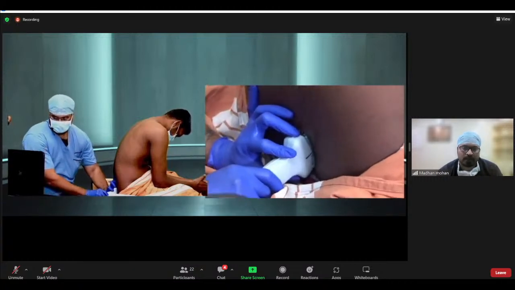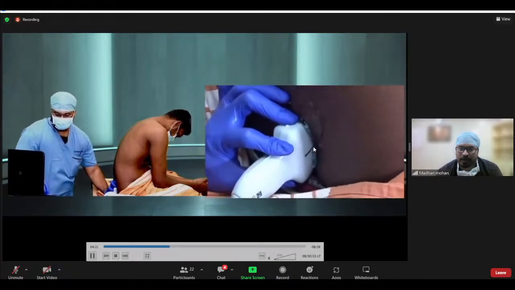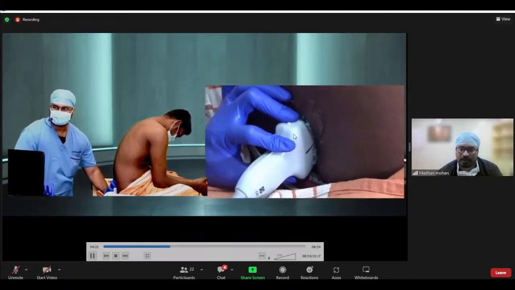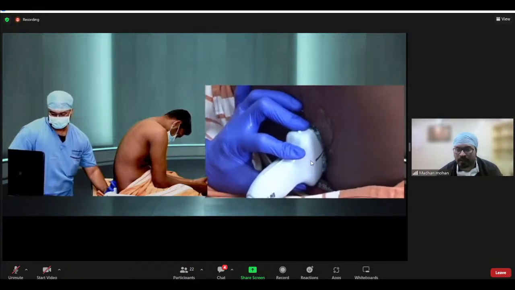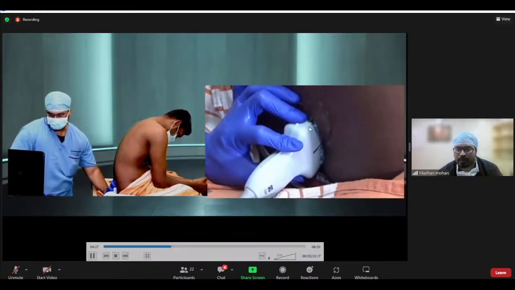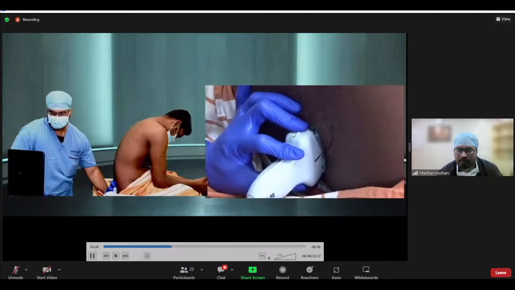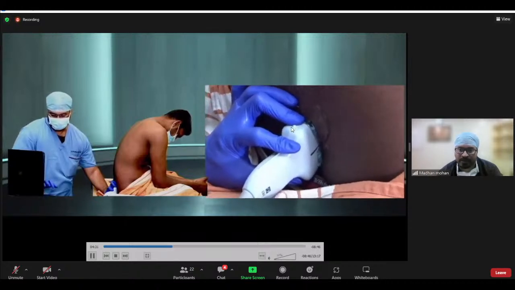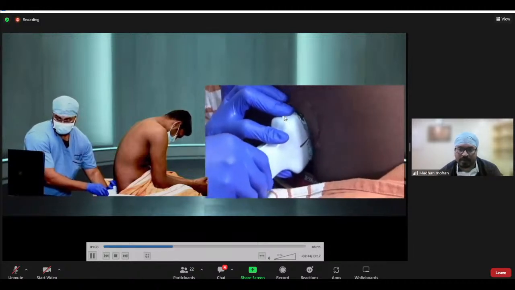Make use of the curvilinear probe, start from the gluteal region, and start moving the probe cranially. Here in this particular case, I am keeping the orientation marker cranial.